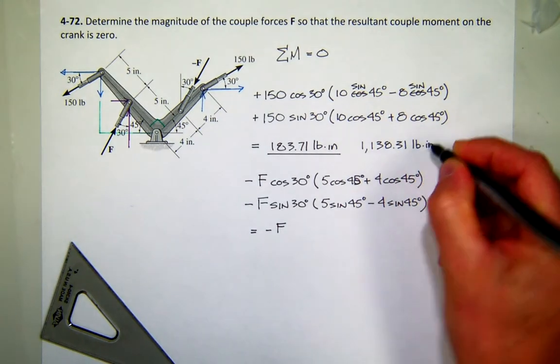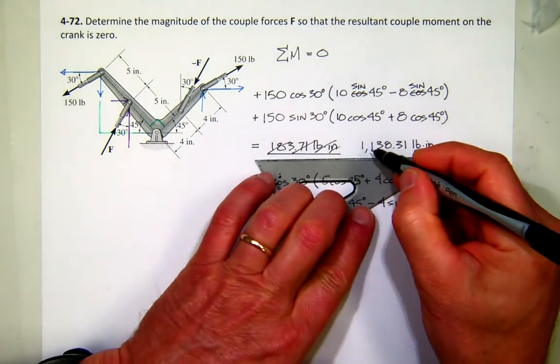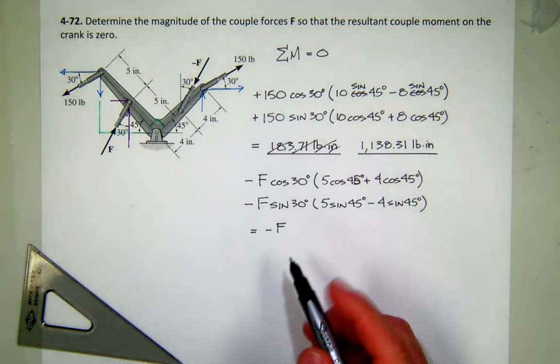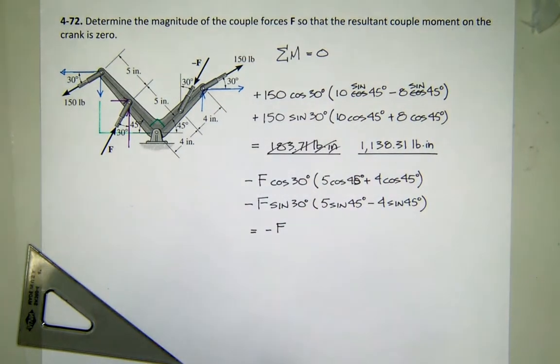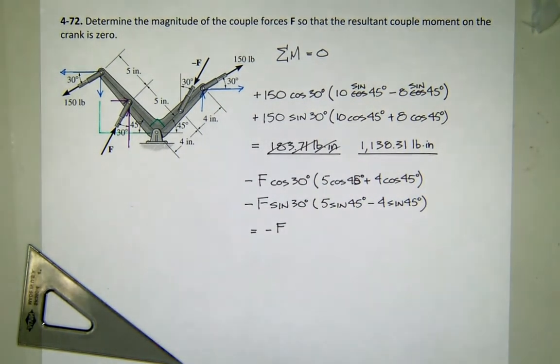Okay, I'll wait patiently for you to process all this other stuff. Don't forget to add these two. You can just drop the F out, so whatever all that stuff is. Don't forget this is positive and this is negative.